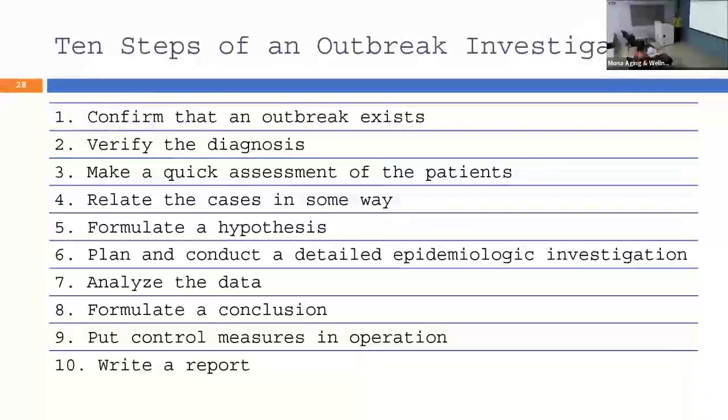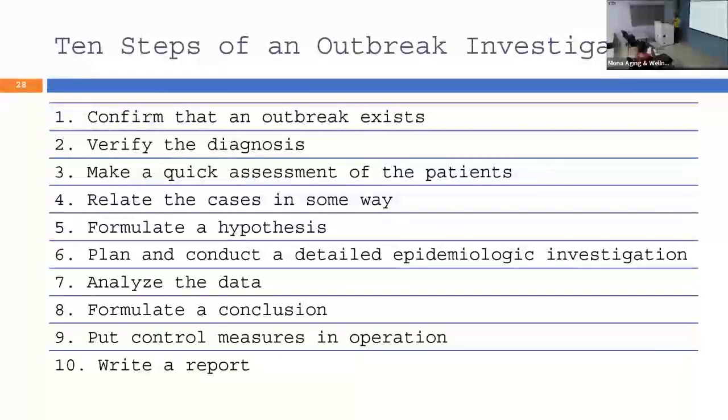And then we verify the diagnosis, usually looking at the clinical picture, but also lab diagnosis is important to identify the causative agent, because that has implications for what you're going to do for the control mechanisms.